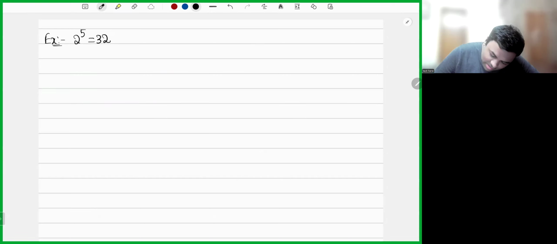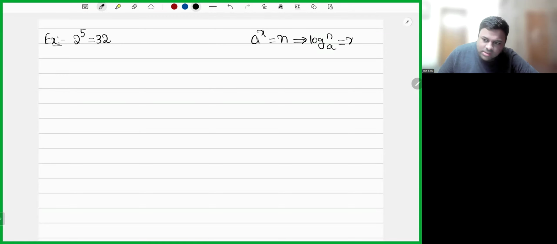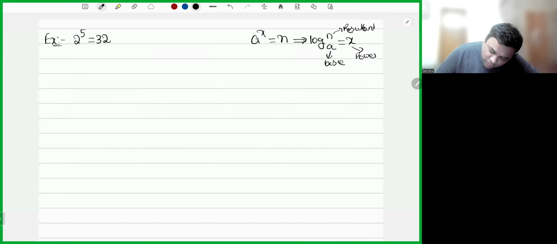If I have a power x is equal to n, and I want to convert this expression into log, it will be log n to the base a is equal to x. Here n is the resultant, a is the base, and x is the power. So the value of log will always be equal to its power.